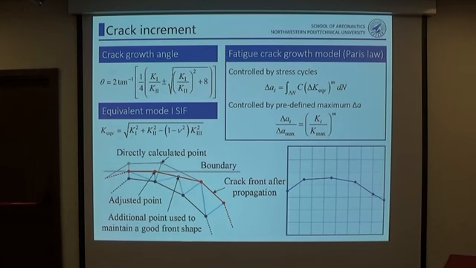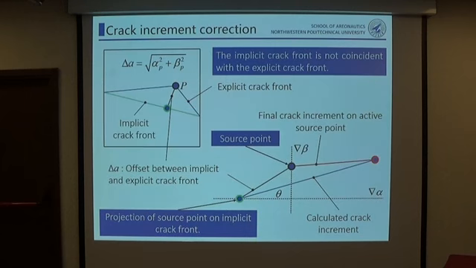Here is a little problem to this. The source points are defined on the explicit crack front, but the stress intensity factors are calculated from the results of the implicit crack front. So there's a problem in such kind of element.